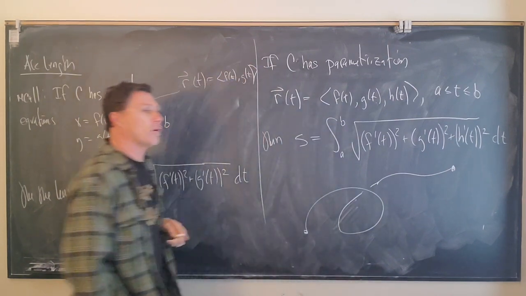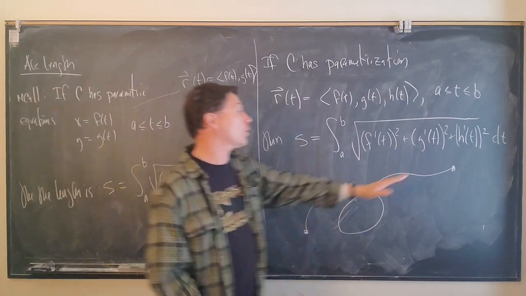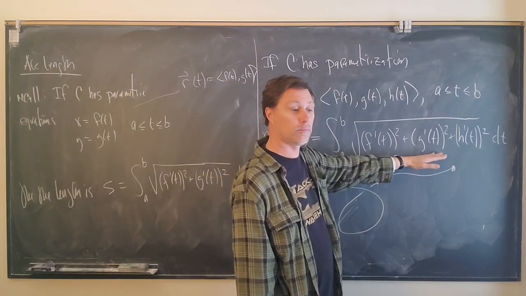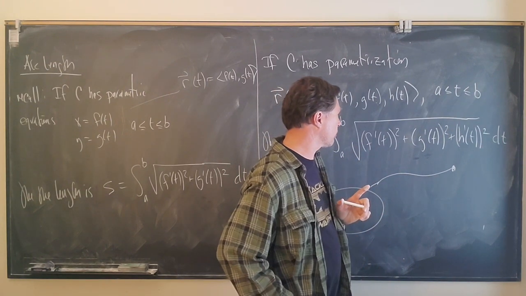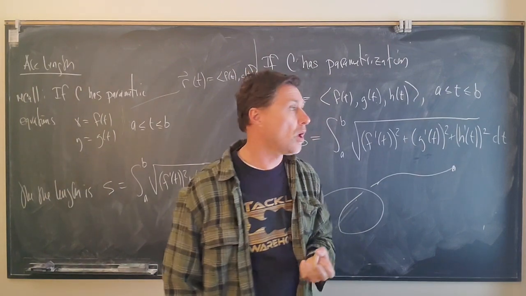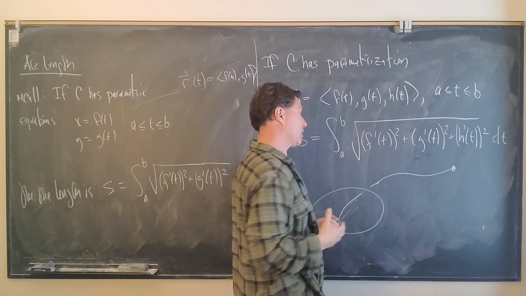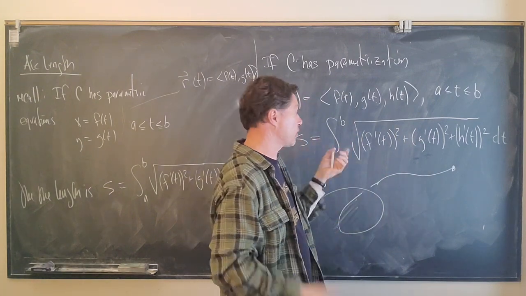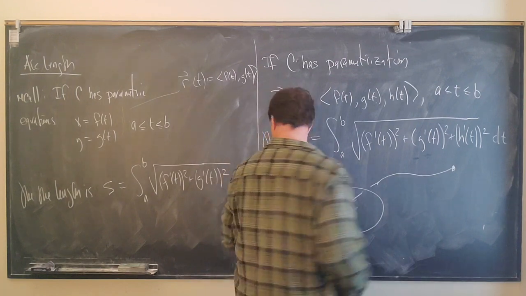And so my question is, when you look at the integrand of this one and this one, it should look familiar. When you see a square root, you should think length. We're adding the squares of components. This is distance in either 3 dimensions or 2 dimensions. And so what is this? Let me write this down.